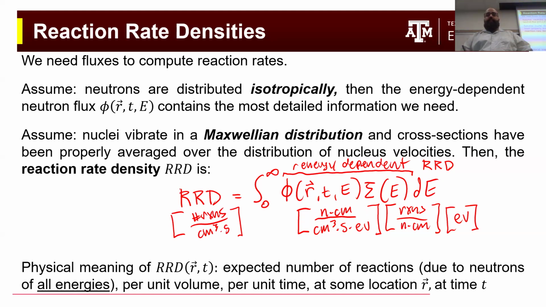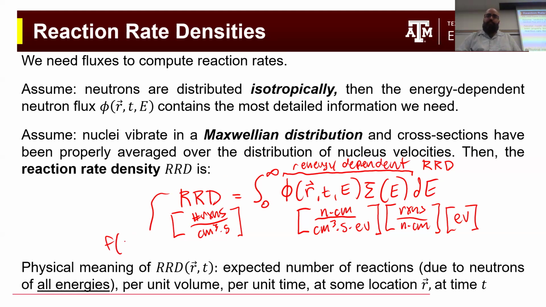Physically, the units tell you what a reaction rate density means. It's the expected number of reactions due to neutrons of all energies per unit volume per unit time. We can think about this reaction rate density as being a function of position.